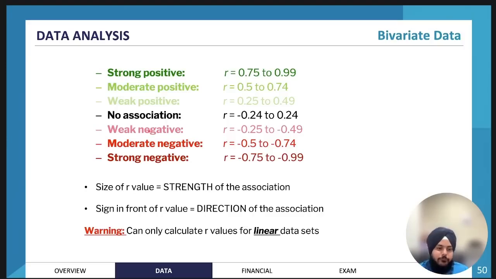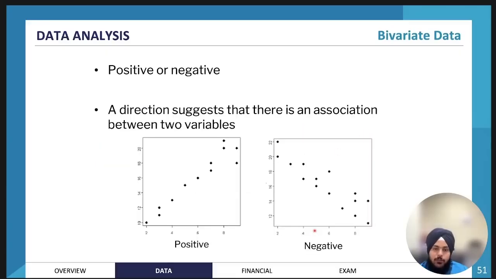Overall, the closer it gets to the extremes, the 1 and the -1, the stronger the relationship, regardless of direction. And the closer it gets to 0, the weaker the association gets, until it becomes no association. Again, we can only use R values for linear data sets, which we'll come back to in a second.